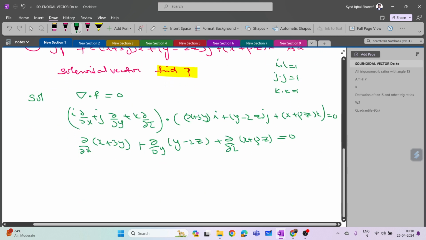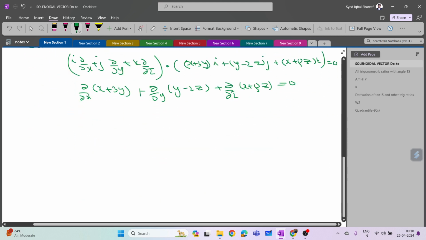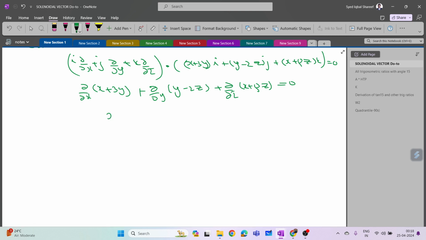This is from the definition. With respect to x we are doing, so this is 1.